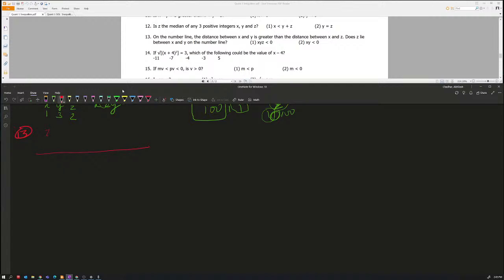So there is a number line, and x and y could be on either side, and I'm taking this side. This distance is greater than the distance between x and z.